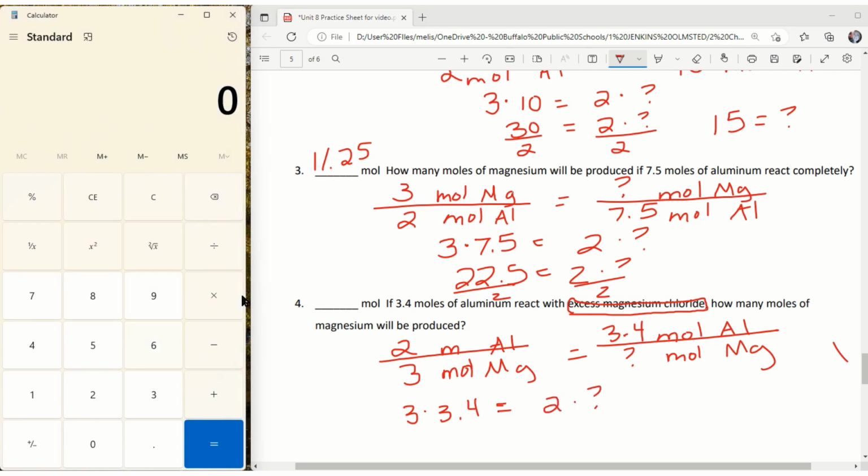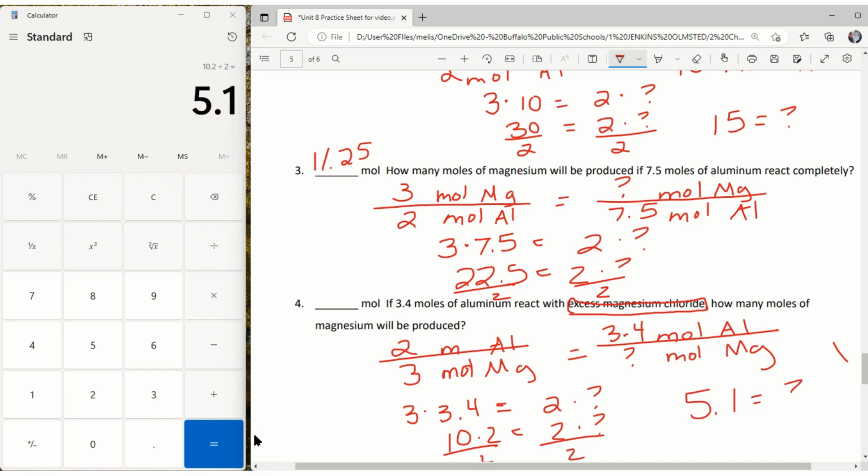So let's do 3 times 3.4, 10.2 equals 2 times something. Divide both sides by 2. So 10.2 divided by 2 is 5.1.